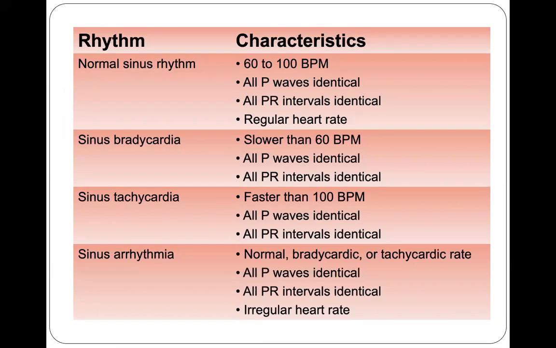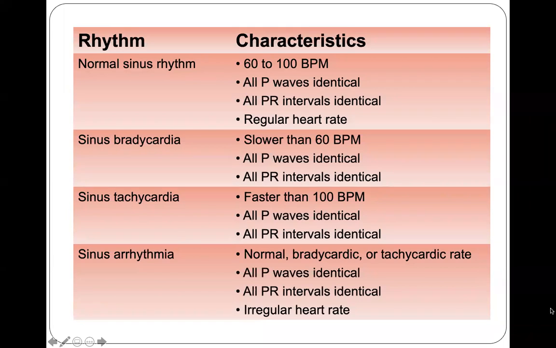A normal sinus rhythm is one that has all the P waves identical, the PR intervals identical and within 0.12 to 0.20. The R to R intervals are regular, the P to P intervals are regular and they match, and the rate is between 60 and 100 beats per minute. Bradycardia is identical to a normal sinus rhythm, except its rate is less than 60.